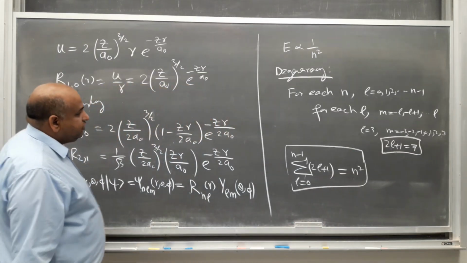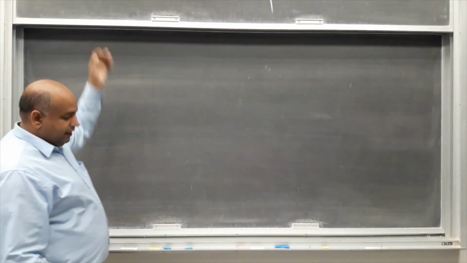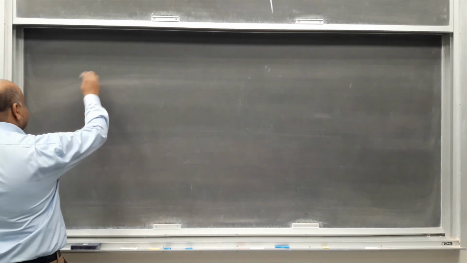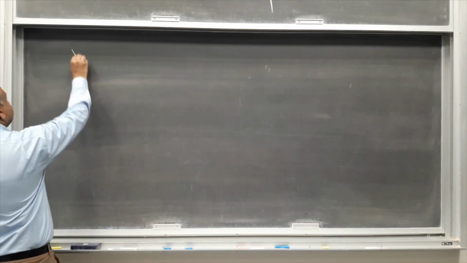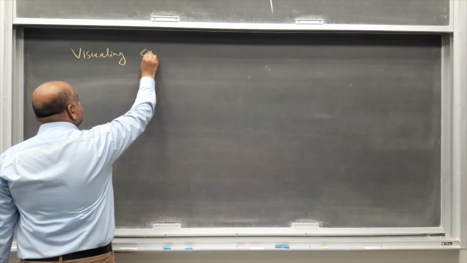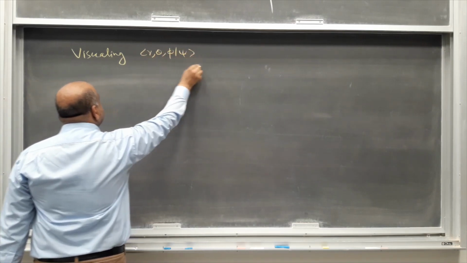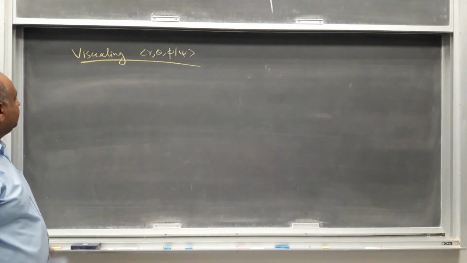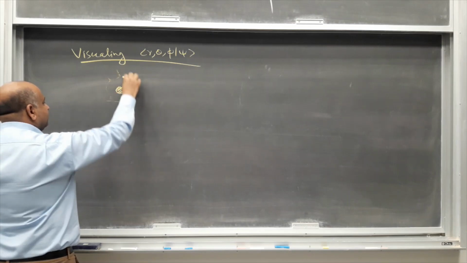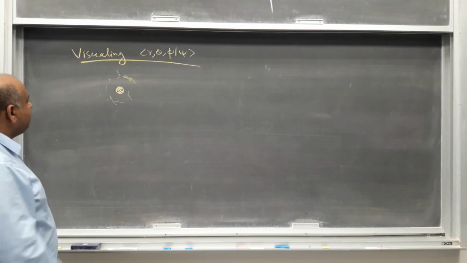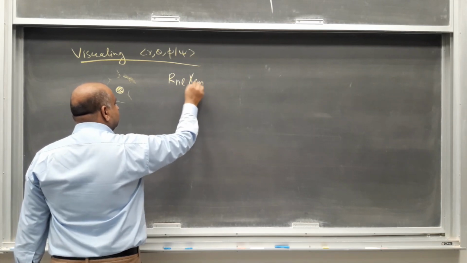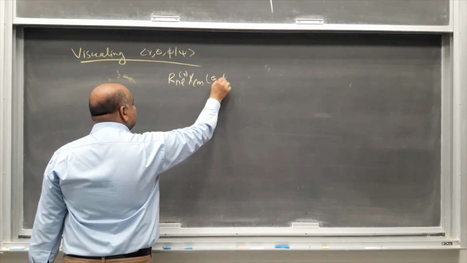Okay, so let me now get back to another important concept, and actually I want to discuss how to visualize these functions. We have the nucleus at the center, and then the electron could be somewhere here, and we have been able to find solutions that are functions of r, theta, and phi.